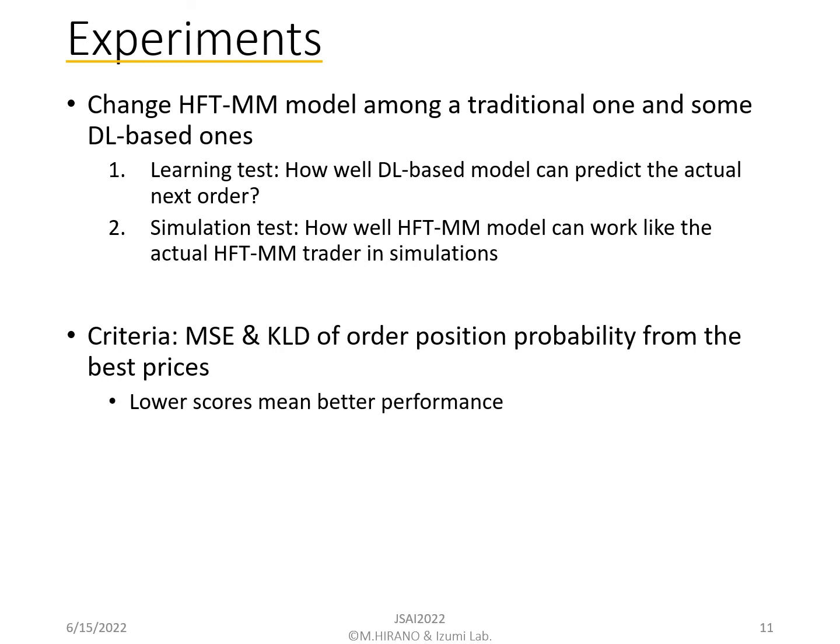Then, as the second step of our experiment, we make a simulation test. In this test, we compare each model's performance in simulations, and compare the HFTMM traders' behavior in simulations with the actual HFTMM traders in the actual market. By comparing them, we can find which model makes more natural orders in the simulation environment.